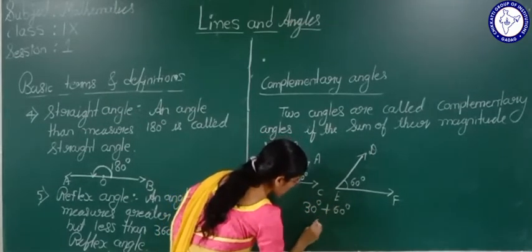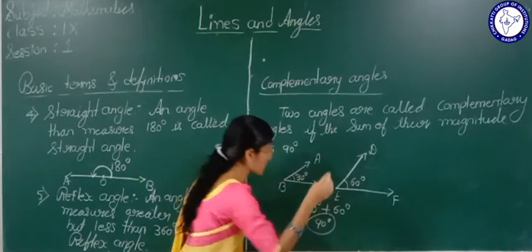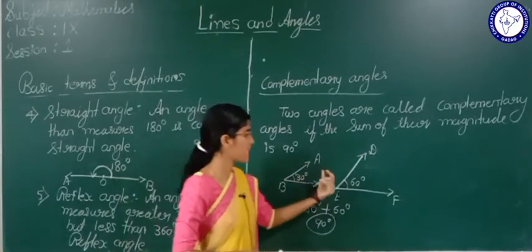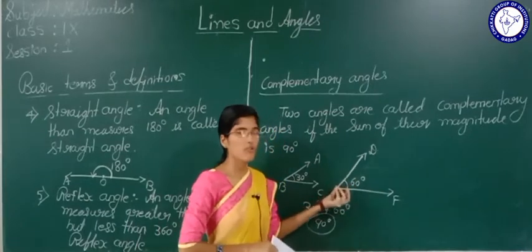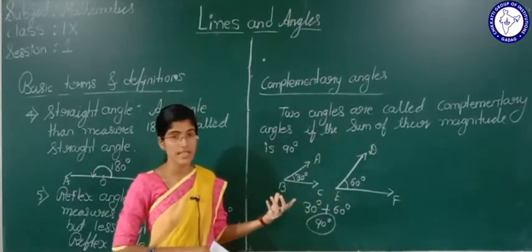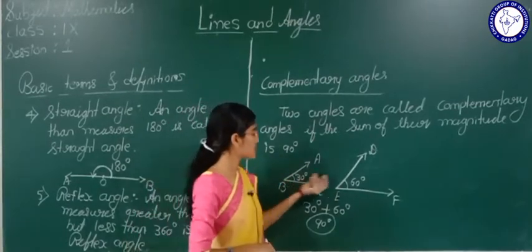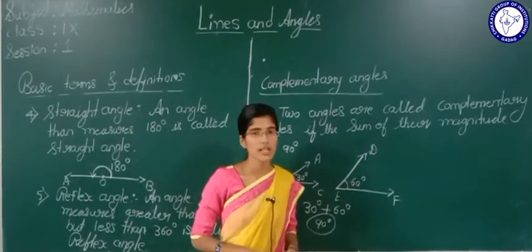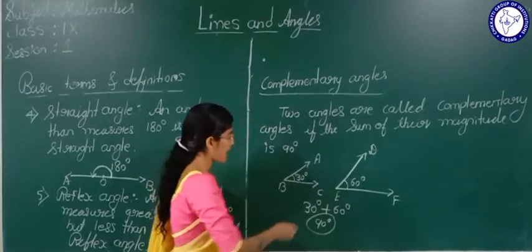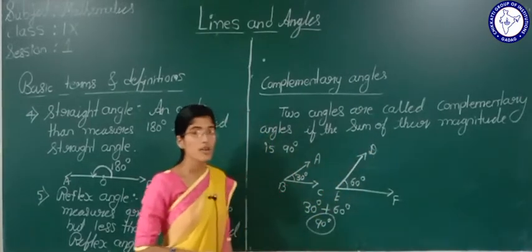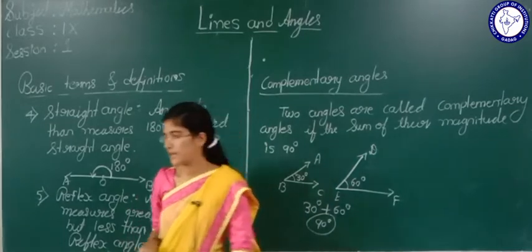It is nothing but 90 degree. Here angle ABC plus angle DEF is going to form an angle of 90 degree. Two angles are called complementary angles if the sum of their magnitude is 90 degree. Here angle ABC and angle DEF are called complementary angles.